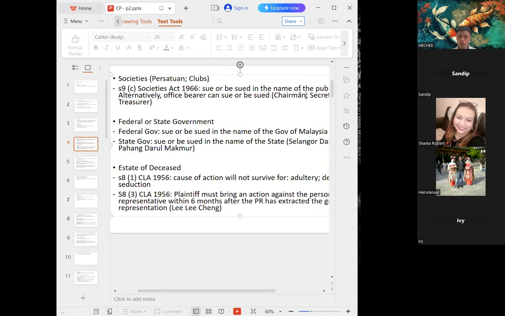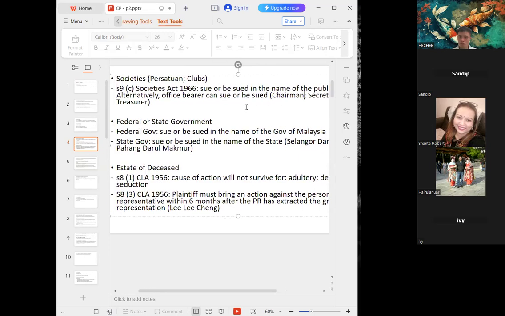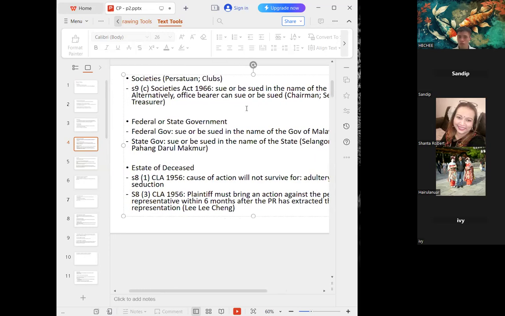If there is no public officer appointed, then any office bearer can sue or be sued. Who are the office bearers? Examples are the chairman, secretary, or the treasurer.